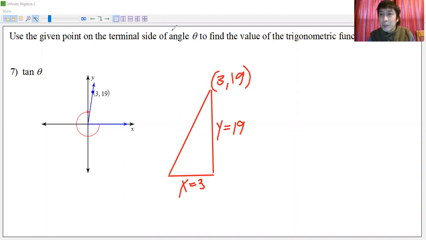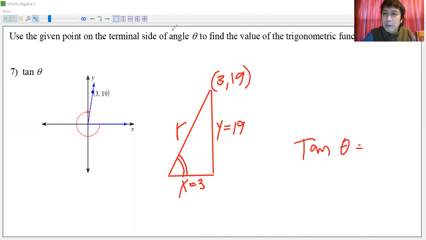For tangent, it will not involve the r. Considering this our reference angle, it will have to be just the opposite side to the adjacent side ratio. So this will have 19/3, the tangent of theta.